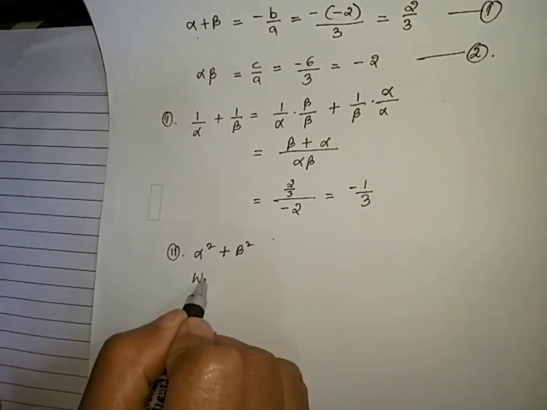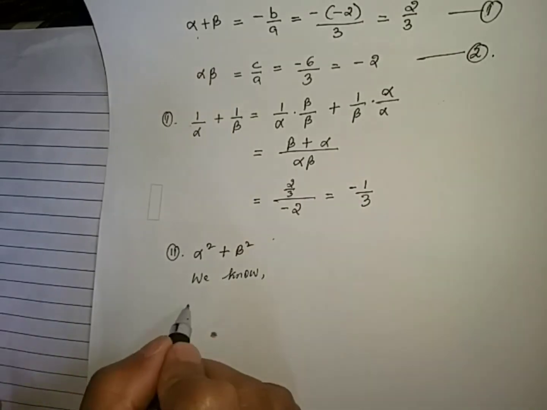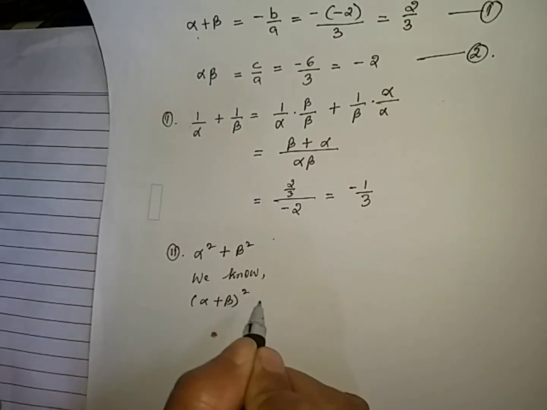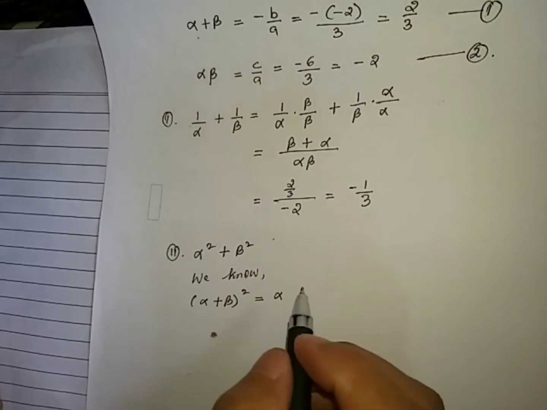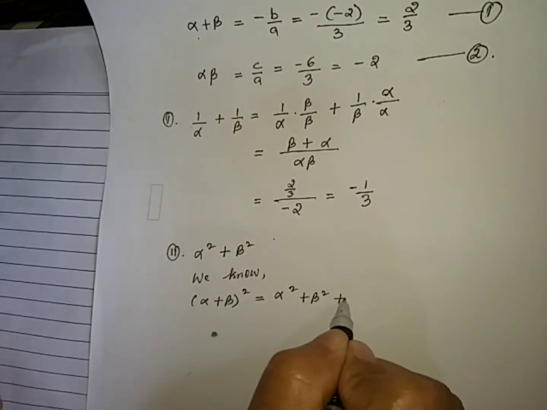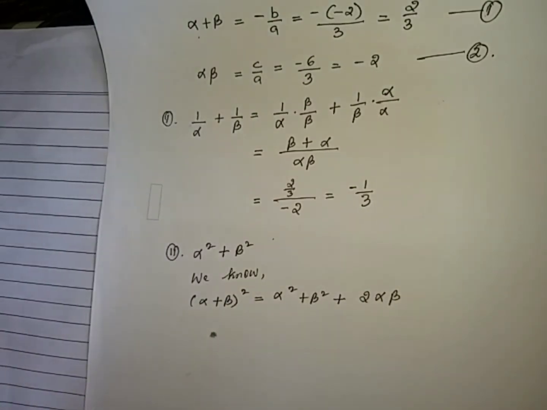Now what we know is alpha plus beta whole thing square is equal to alpha square plus beta square plus 2 alpha into beta.